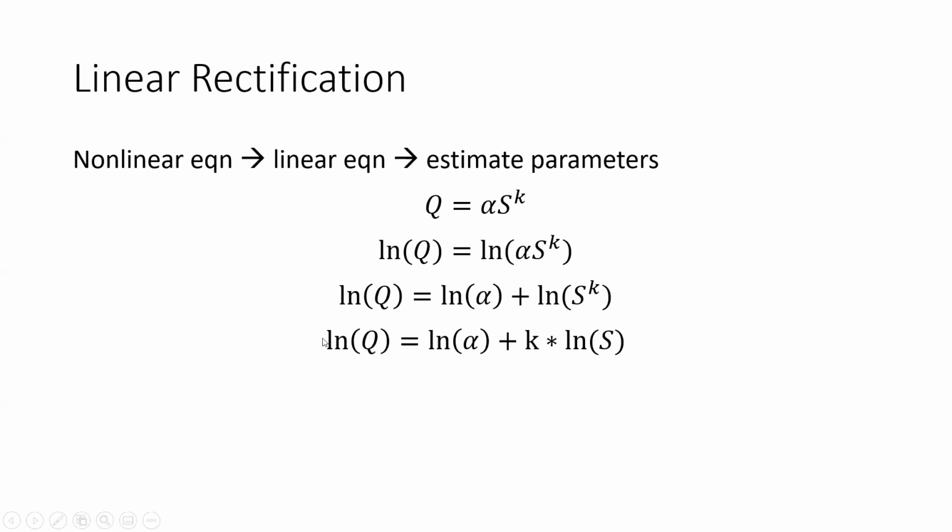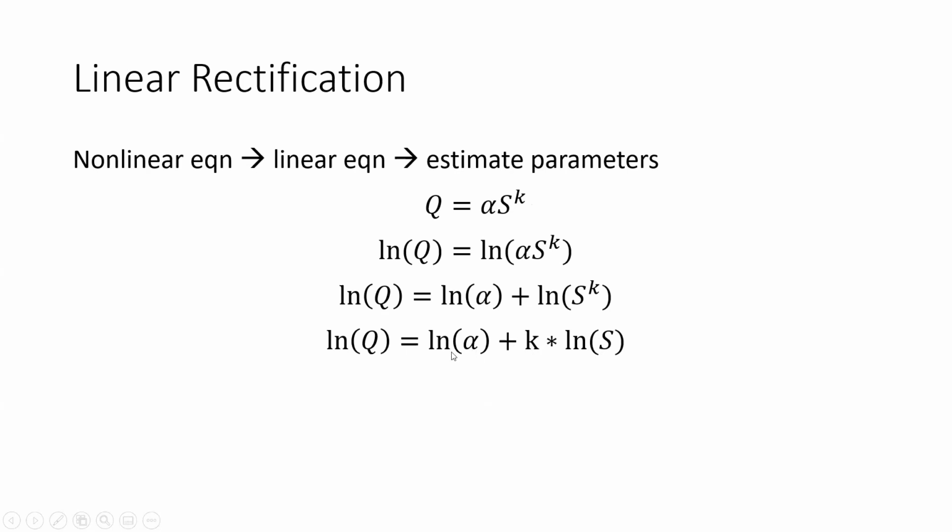You can think of ln of q as your y value and your ln of s as your x value if you want. To talk about the parameters, on the other hand, know that we started with constants. K is clearly a lot easier to work with because it's just in the form of a constant being multiplied in front of the ln of s.